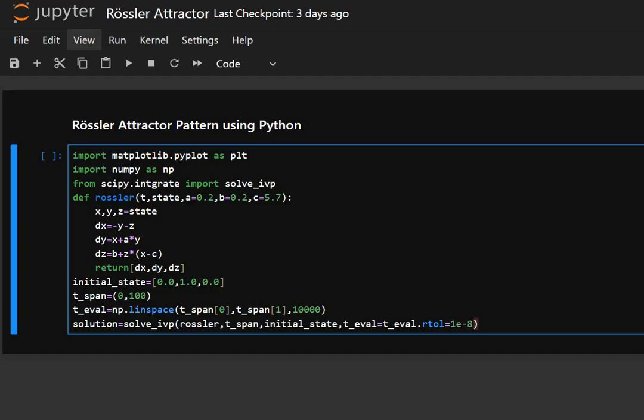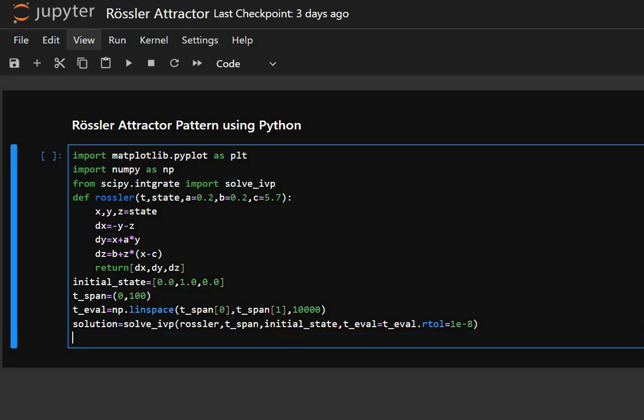This uses solve_ivp to integrate the Rossler system over time, where high accuracy is required and requested with rtol equals 1e-9. Now we'll extract the solutions.